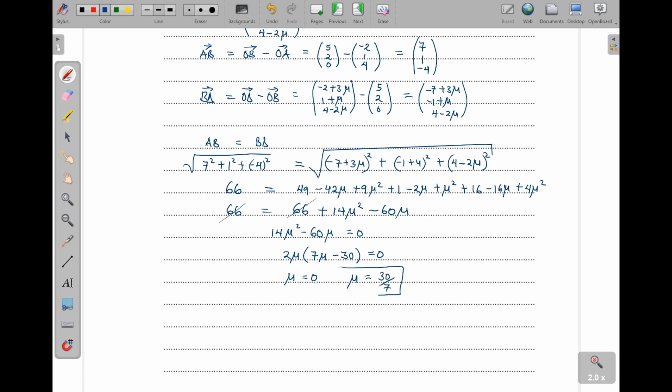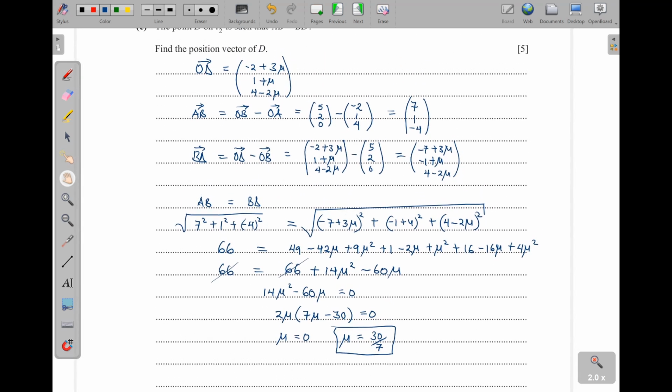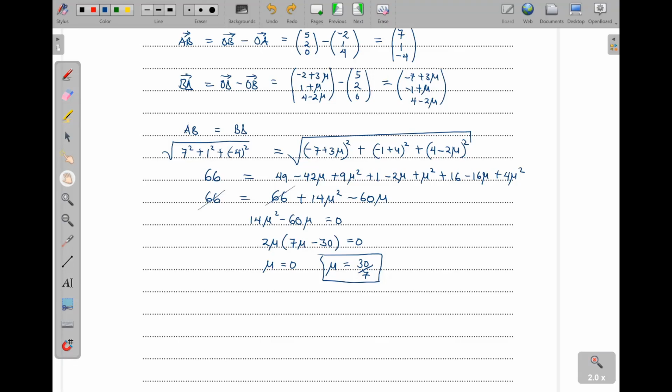Of course, we shall take this one, because if we just take mu is equal to 0, then we shall remain with only this point here, the negative 214, and negative 214 is point A. So D has to be a different one.